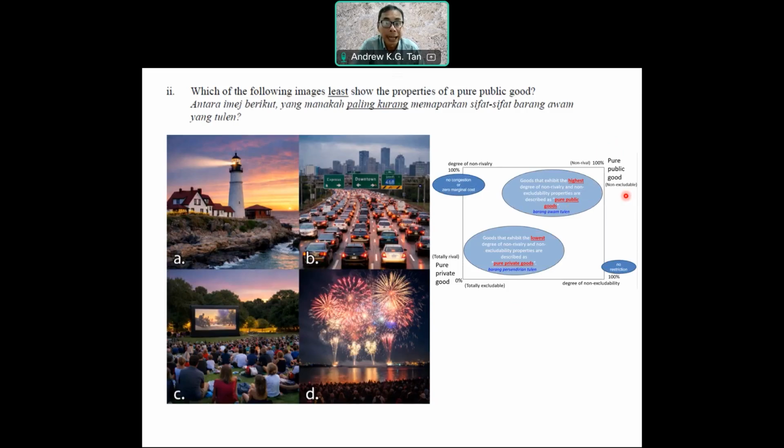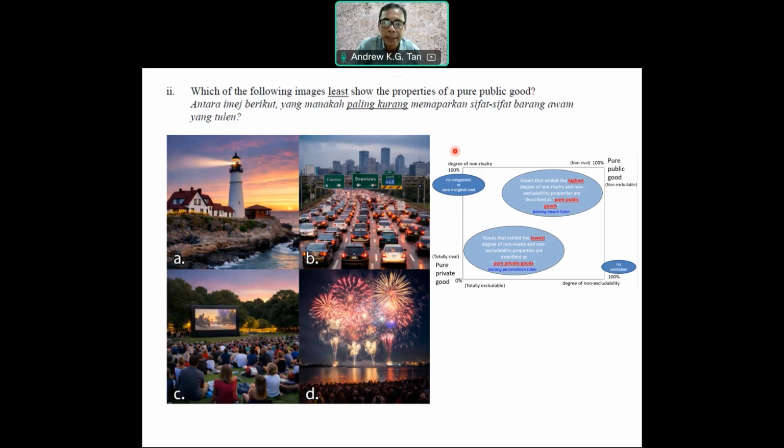Tak boleh dikecualikan dan ianya adalah non-rival. But if it is pure private good, then totally excludable, boleh dikecualikan, and totally rival, for pure public good. Anything in between, there will be quasi-public good, and goods that have 100% of non-excludability, tidak boleh dikecualikan, has no restriction.